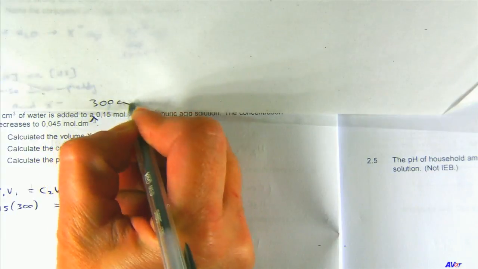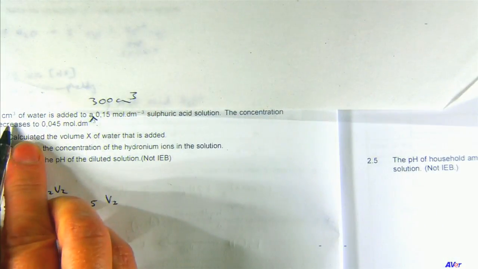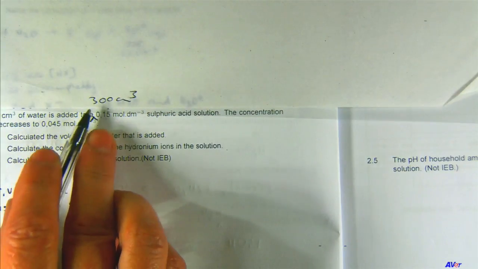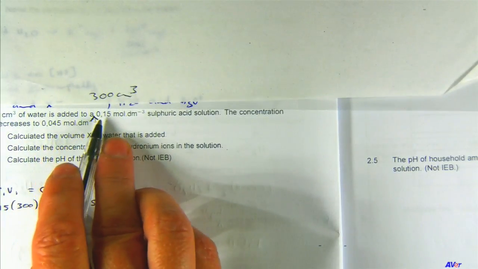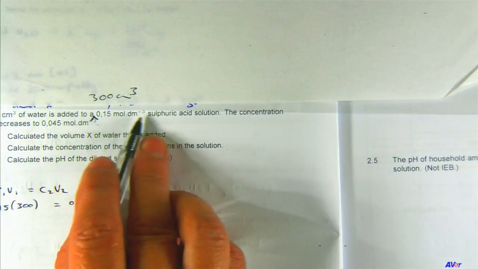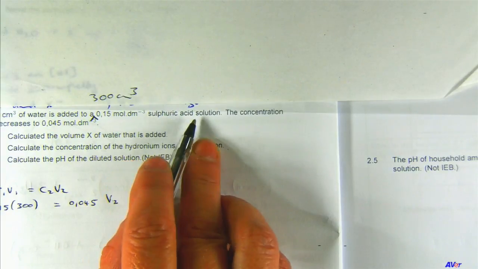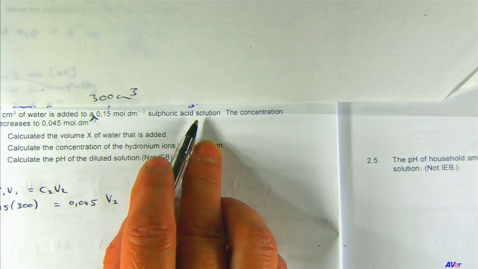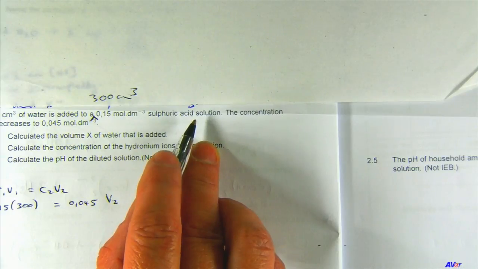So in this instance, there was a typing error. There had to be 300 cube centimeters. So it was x cube centimeters of water is added to 300 cube centimeters of a 0.15 mole per cube decimeter sulfuric solution. So there was no way to know that except if they gave it to you.